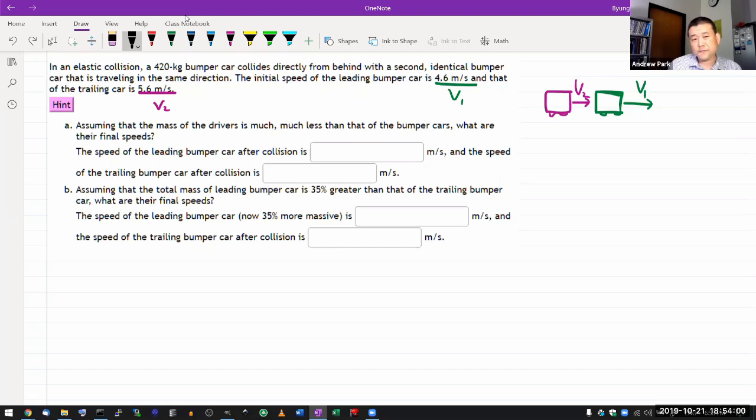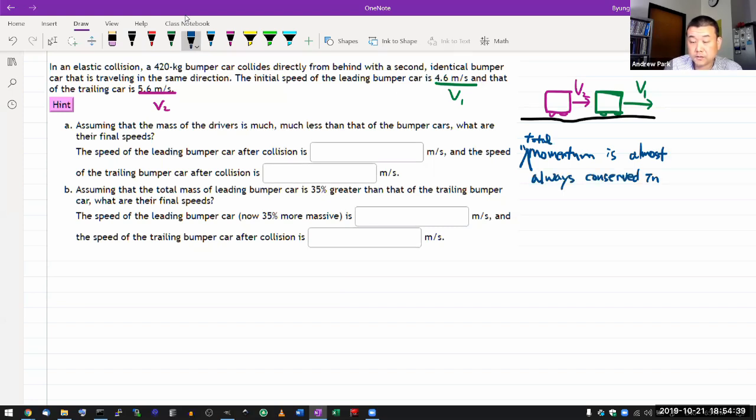So you should have some physical sense, physical intuition for this collision. And this is one intuition you kind of need to have developed going through chapter 9, is that momentum, or more precisely, total momentum is almost always conserved in collisions.